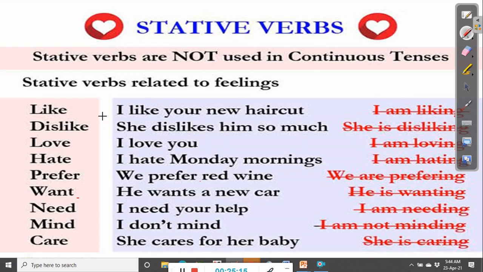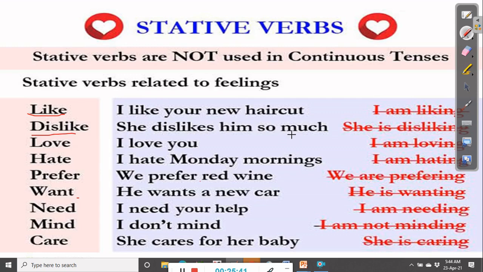Now, the first we are looking at is the word like. All right. I like your new haircut. It is wrong to say I am liking his new haircut. It is wrong to use it in this way. Then the second one is dislike.